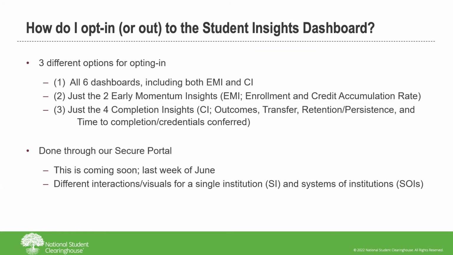So what we've done is said you're able to opt into all 6 dashboards, which would include the early momentum and completion insights. But also, if your institution wants to, they could just opt in to just the early momentum insights or just the completion insights. So you can do all 6 of them, just the 2 early momentum, or just the 4 completion insights. And I'll show you actually how that kind of works out in the portal.